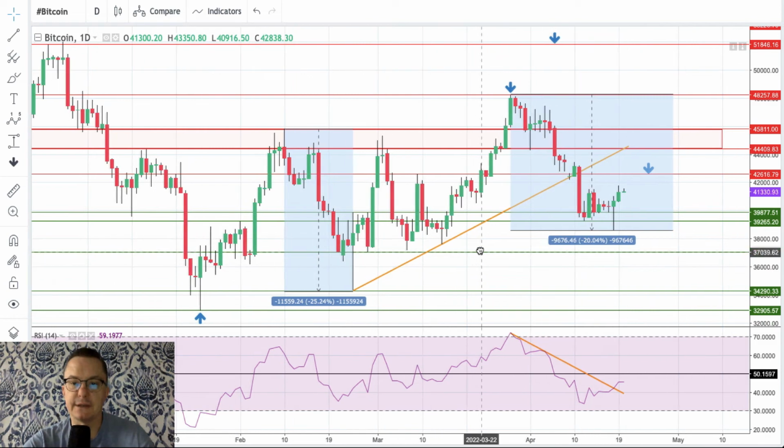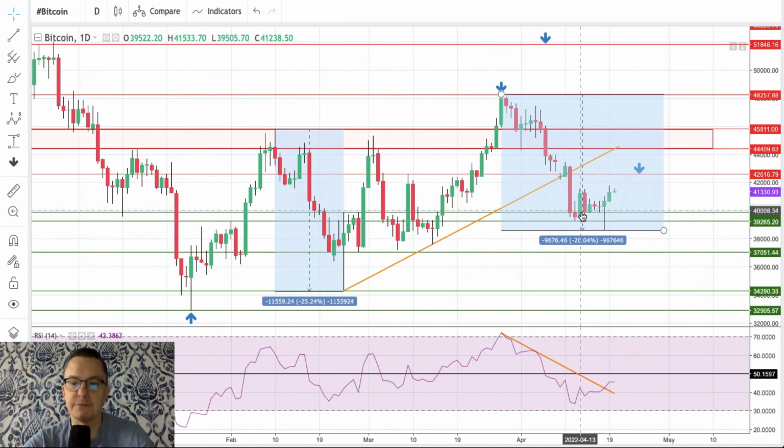Please notice that the outlook remains bearish, despite the fact that we have the hammer candle here, because right now we are below this short-term trend line, which means that the bears are still in charge of the market. Momentum is falling.